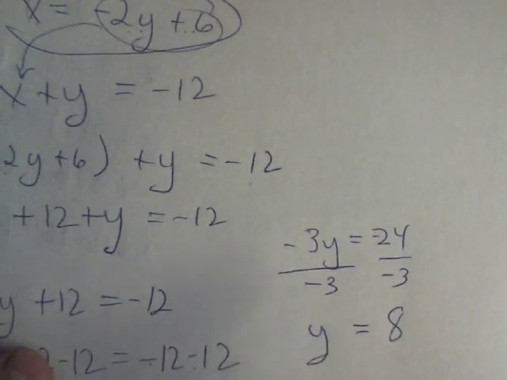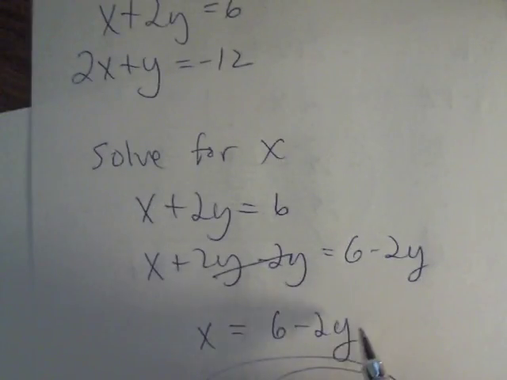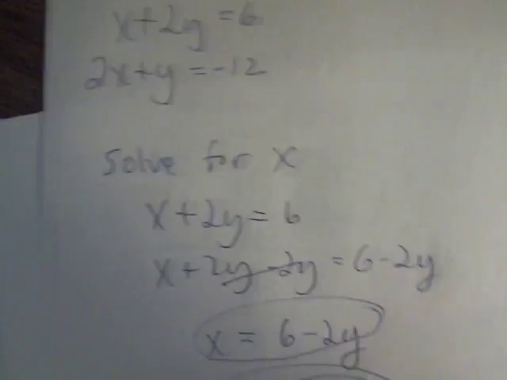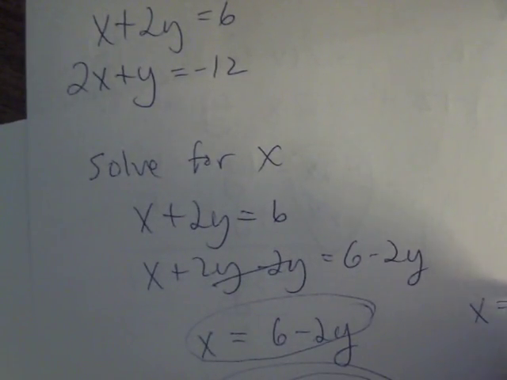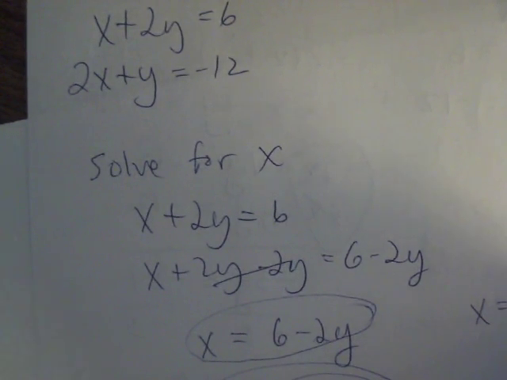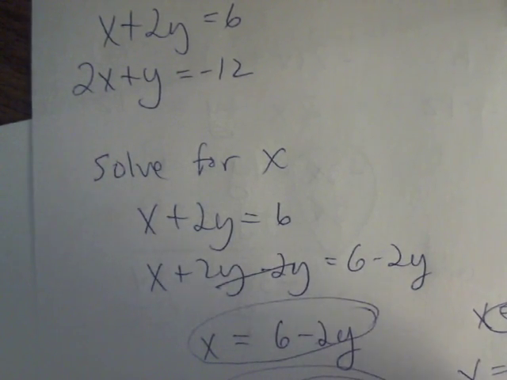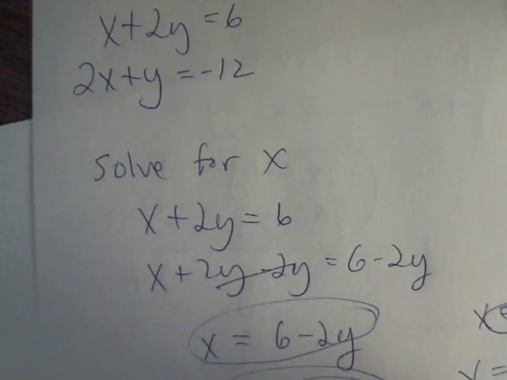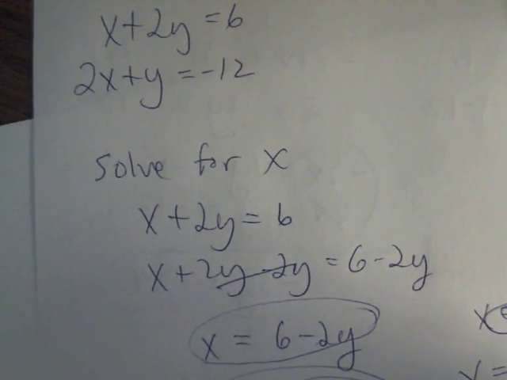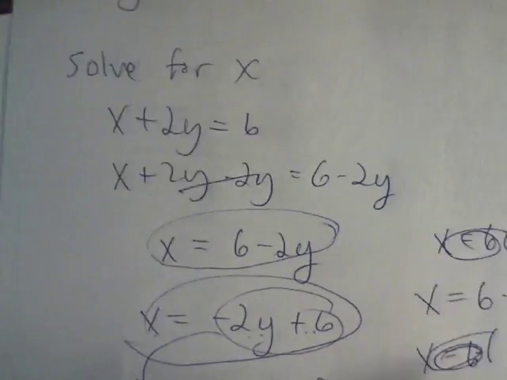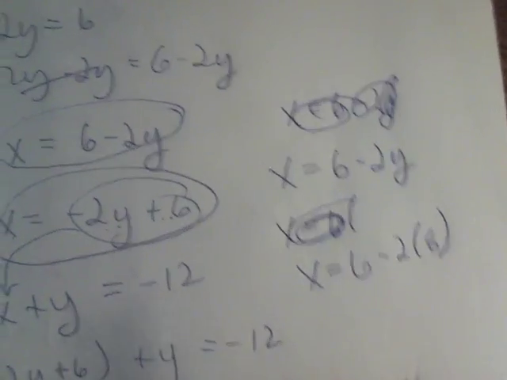So to find x, I take the value for y and put it right up into here, because x is 6 minus 2y. Once I know my y, I can find my x.